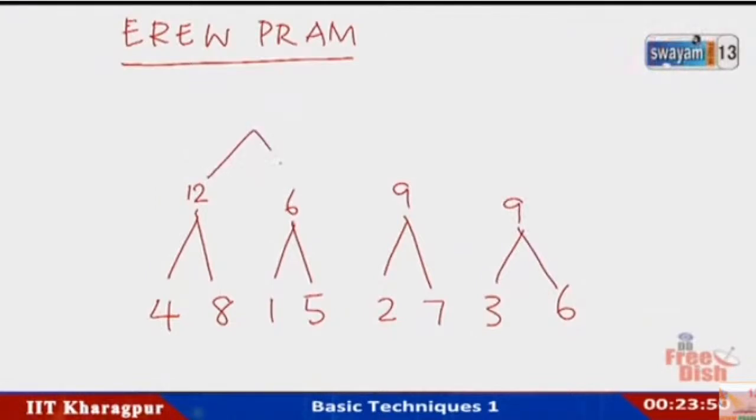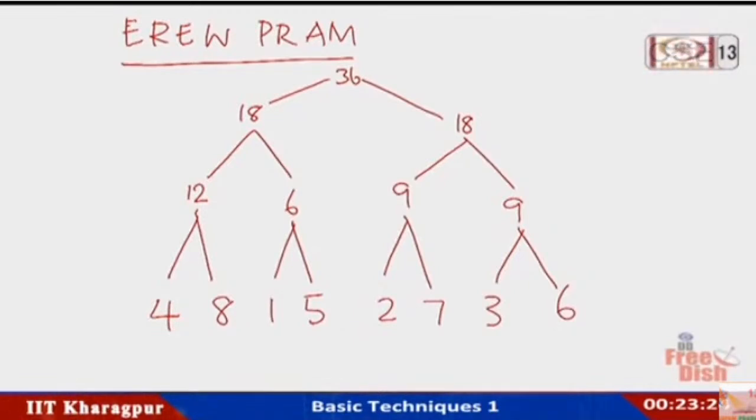The parent of 12 and 6 will contain 18, and the parent of 9 and 9 also will contain 18, and then the root will contain 36. So by moving up the binary tree, starting from the leaf nodes, we compute the value at every single internal node of the tree.